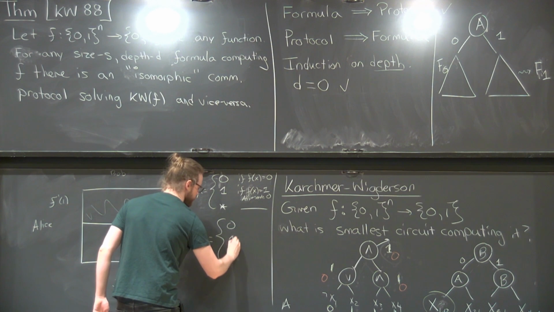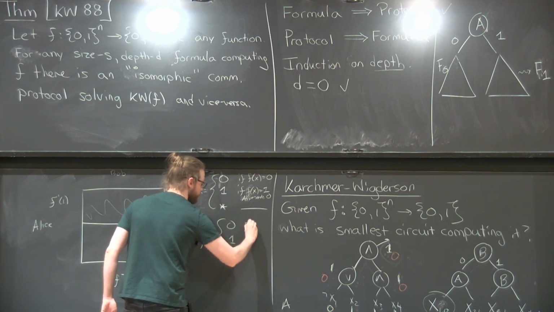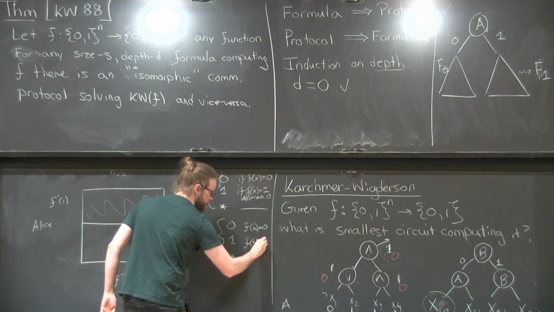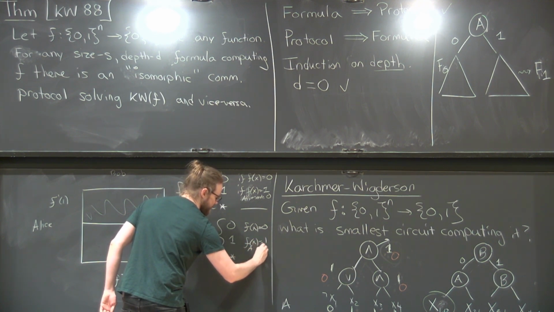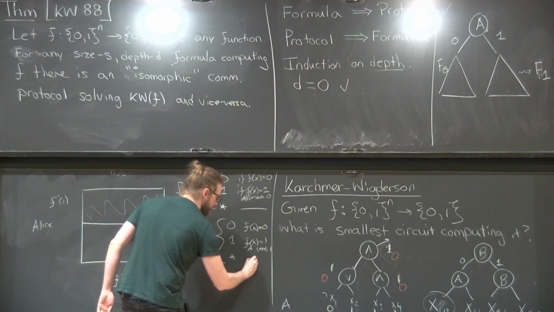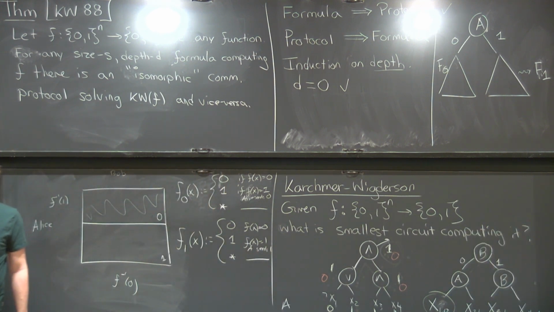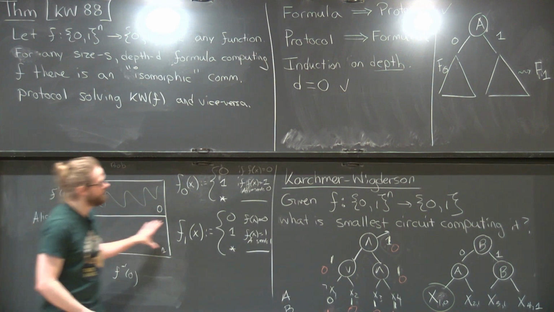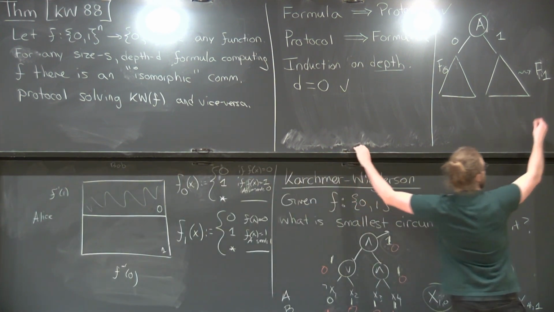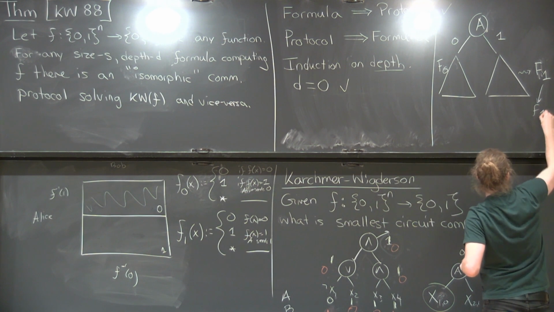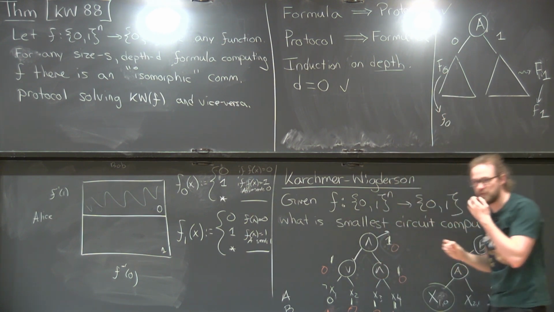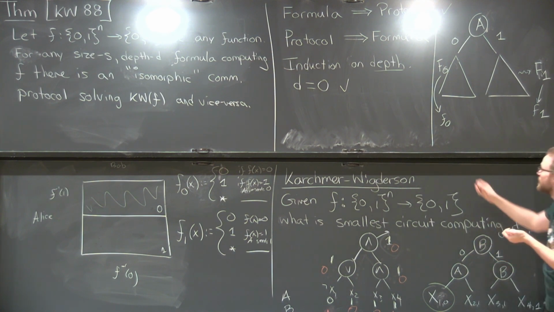And the same thing with the 1s. It'll again be 0 if f of x is 0. It'll be 1 if f of x is 1 and Alice sends a 1. And otherwise, we don't care what it outputs. And you can just see that f1 is going to compute the function f1, and f0, once we do the thing by induction, will compute the function f0.